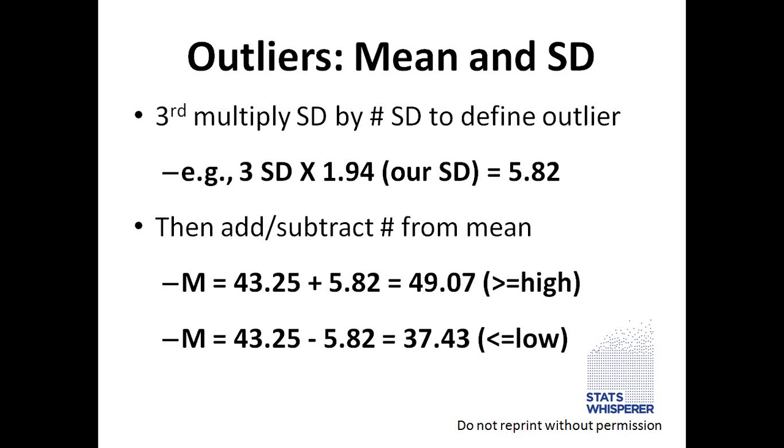So in terms of age, anyone over 49.07 is 3 standard deviations from the mean age and an outlier. And then under, it's 43.25, which is the mean, minus 5.82, which comes out to 37.43. So anyone under 37.43 is an outlier in terms of younger age, right?